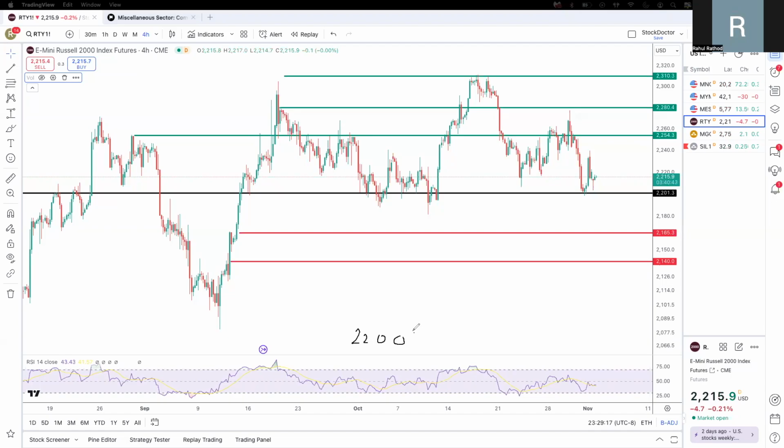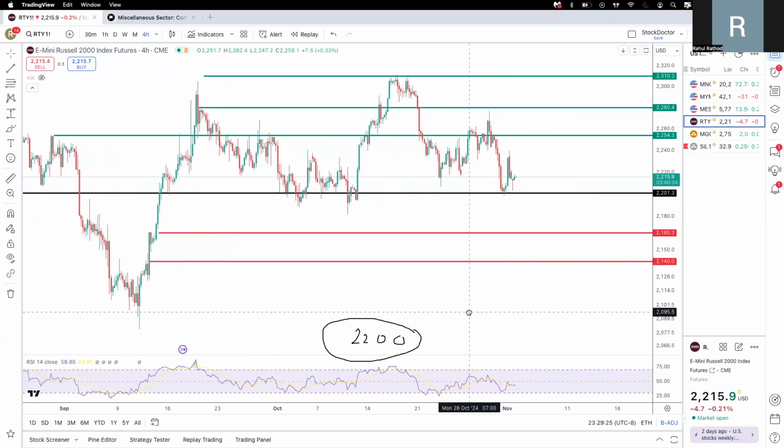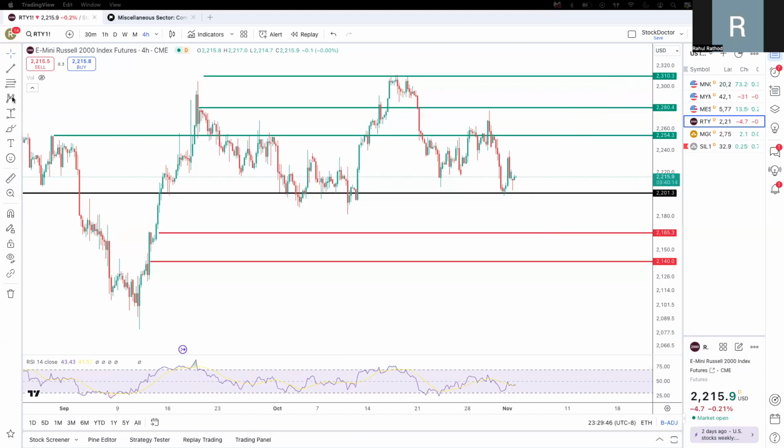If the Russell manages to stay above it, then you can see the targets: the first target is 2250, then 2280, and then 2310. If it stays below this 2200 level, then you will see 2165 and 2140. These are the two downside targets.